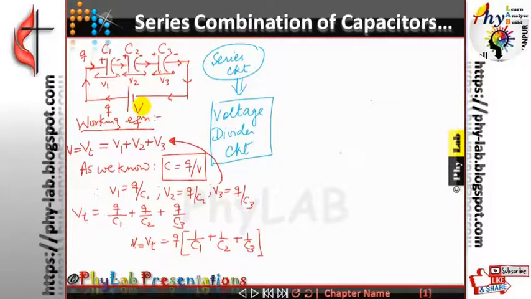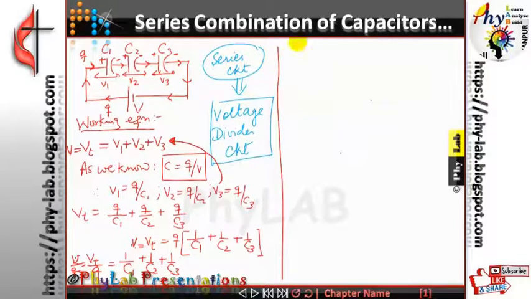So V is equal to Q times (1 by C1 plus 1 by C2 plus 1 by C3), and bringing this Q to the left hand side of the equation, I get V by Q equal to 1 by C1 plus 1 by C2 plus 1 by C3. And V by Q is nothing but 1 upon the net combination of these three capacitors.